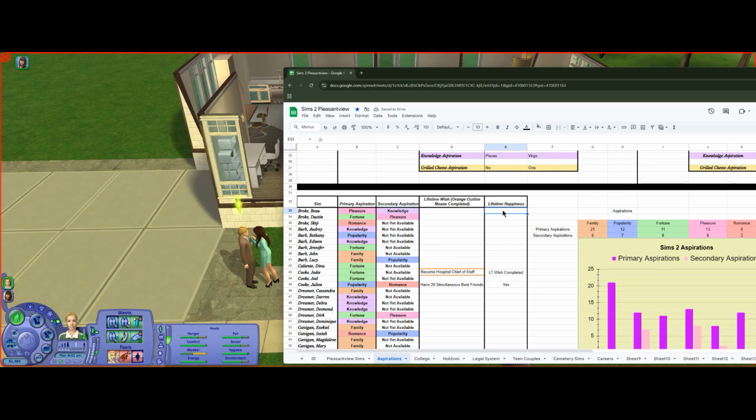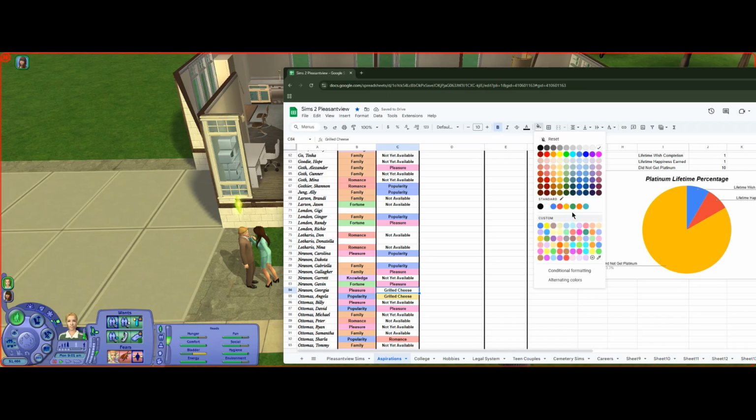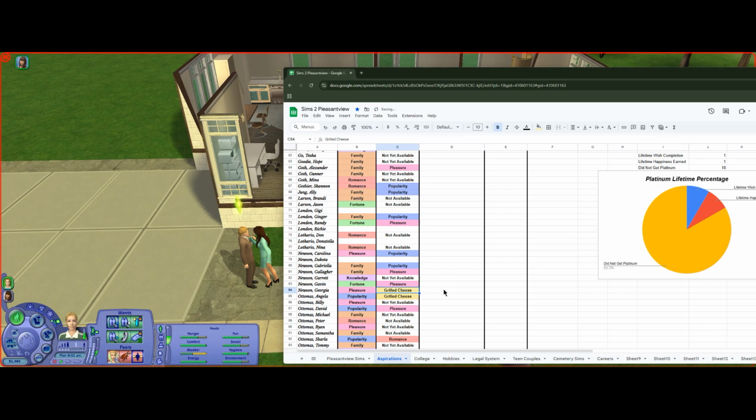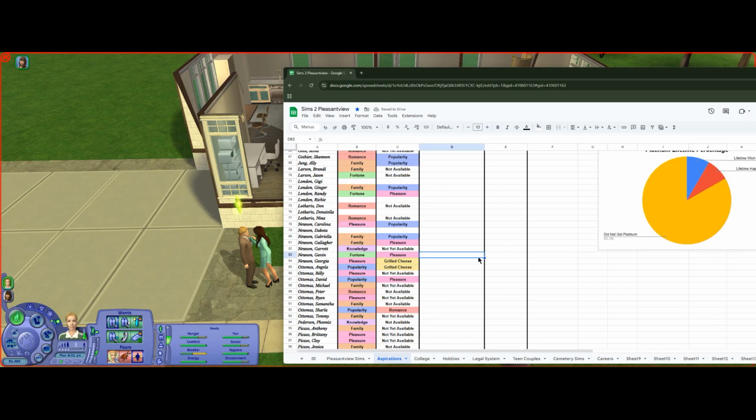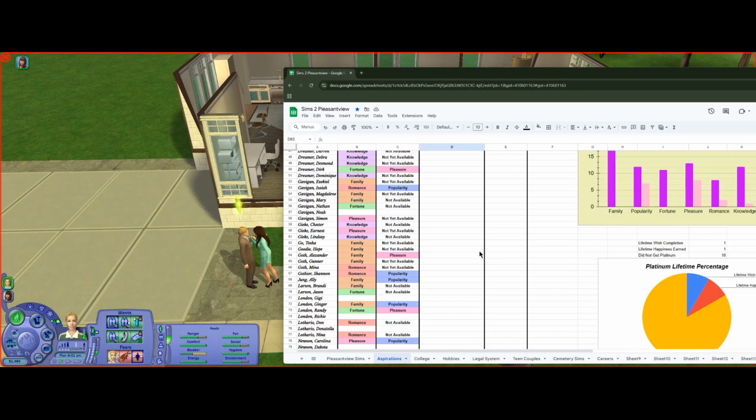Voila. There we go. And for Georgia Newsom, let's scroll down to Newsom's and find Georgia here. There she is. She is secondary grilled cheese. And we're going to go ahead and update that. And there we go. Now we got our Sims updated on this.